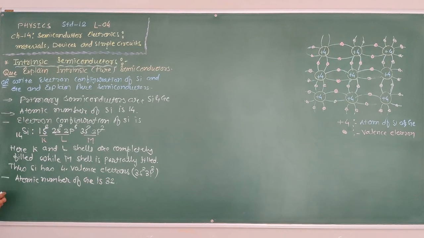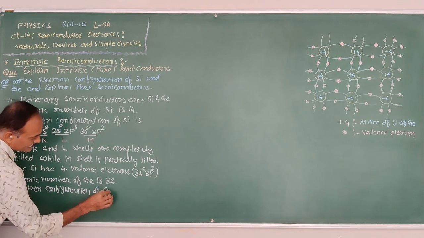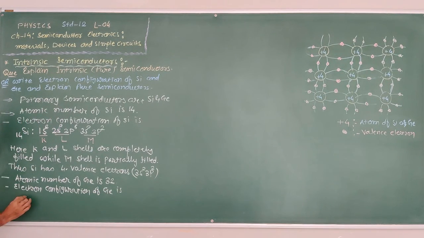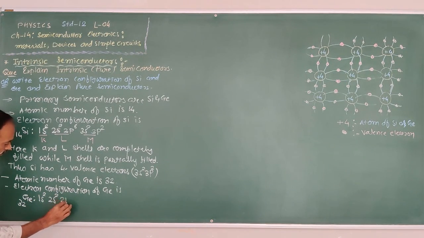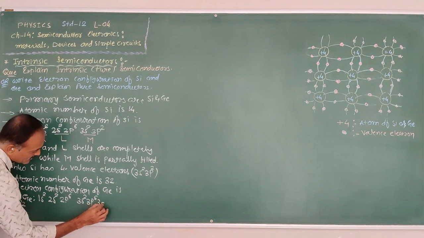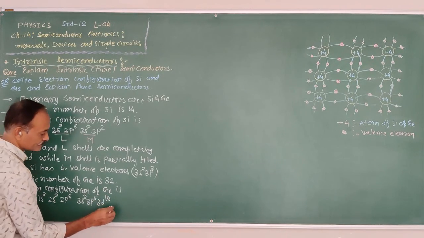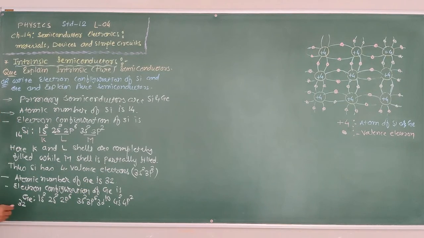Its electron configuration is 1s2, 2s2, 2p6, 3s2, 3p6, 3d10, 4s2, 4p2.